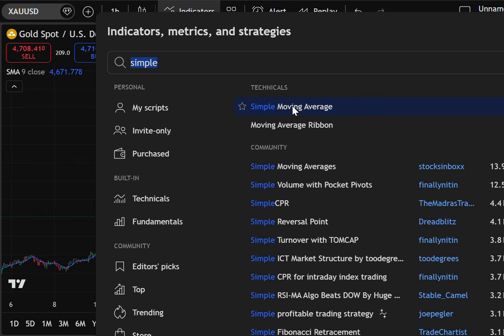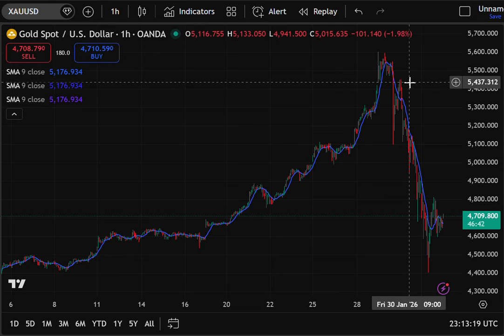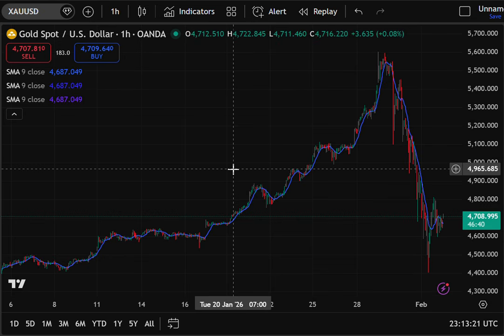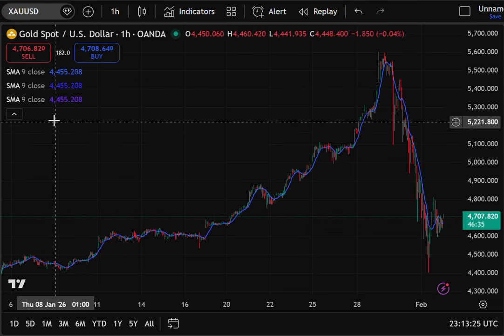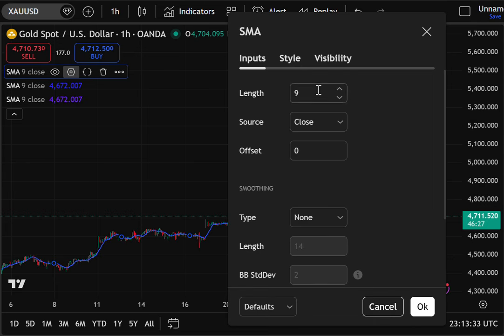1, 2, 3. Okay? And once you do that, you now need to literally configure each one of these moving average lines. So you hover over the SMA 9 close, you click on settings, and you change that to 200.